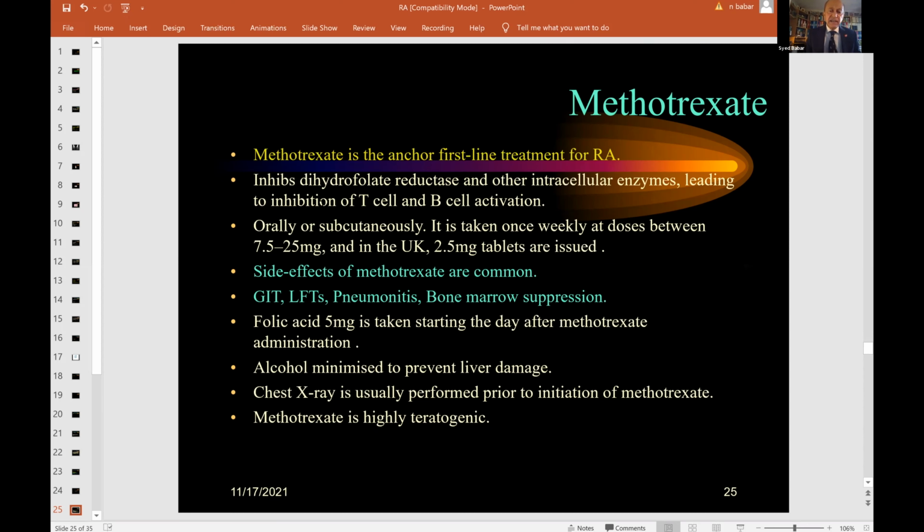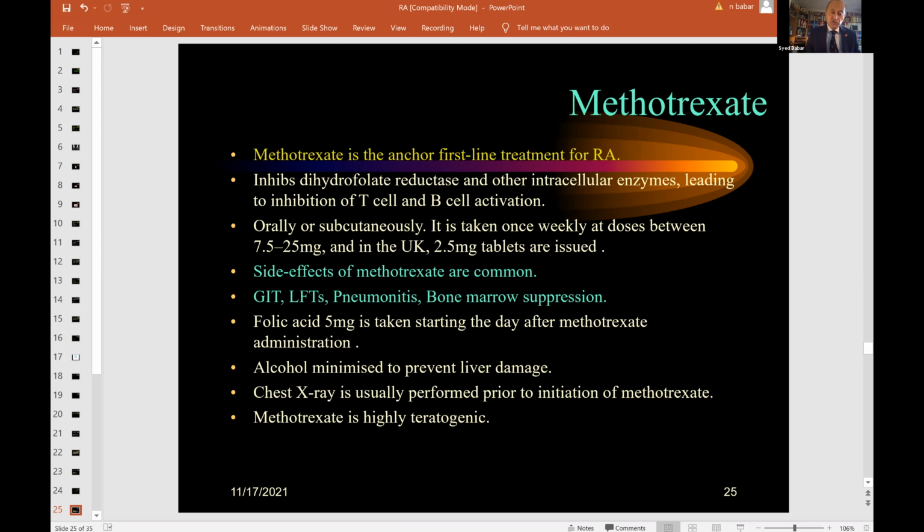It inhibits dihydrofolate reductase, and therefore folic acid support needs to be given. And it eventually leads to inhibition of inflammatory cell precursors, such as T cell and B cell activation. And if such activation is reduced or blocked, then the challenges of rheumatoid arthritis substantially reduce.